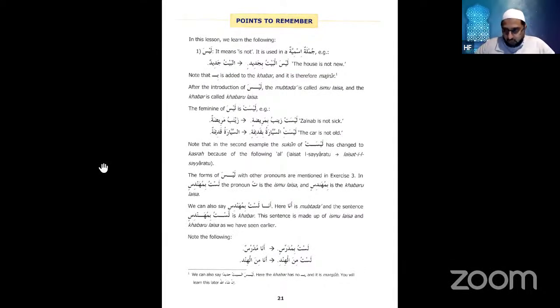For example, when we say Zaydun alimun, Zayd is knowledgeable, that is a positive sentence. But if you want to say something negative, then you will add laysa at the beginning of the sentence, and it will enter a nominal sentence which contains a subject and predicate.